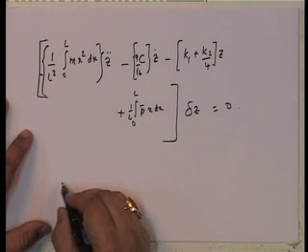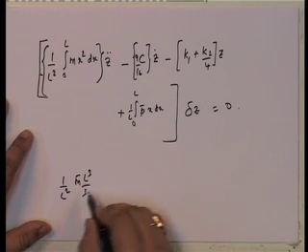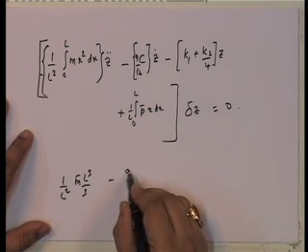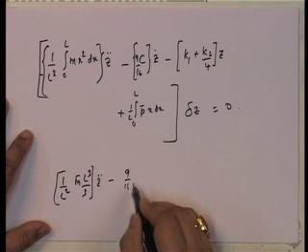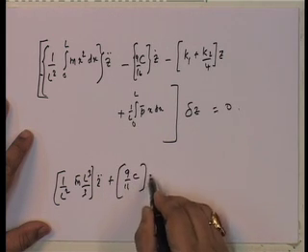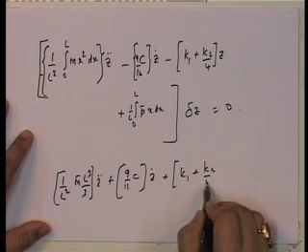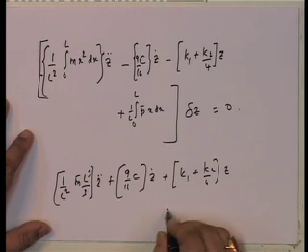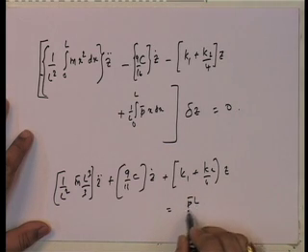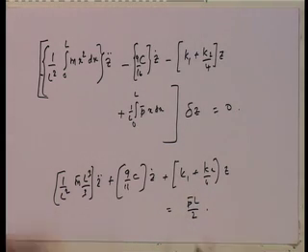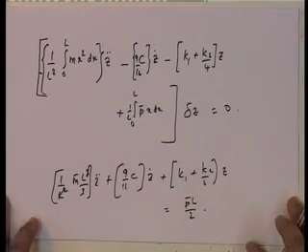I get 1 upon L squared m bar L cubed by 3 z double dot plus 9 by 16 c z dot plus K1 plus K2 by 4 z is equal to p bar L upon 2. And so, this becomes m bar L upon 3.